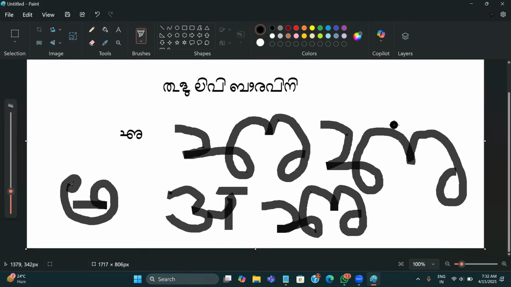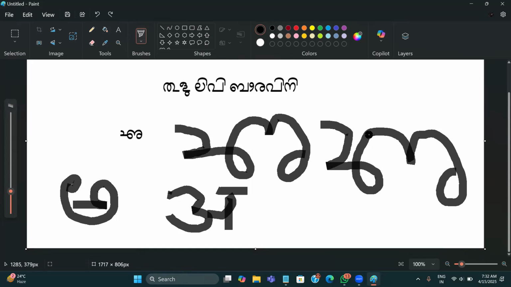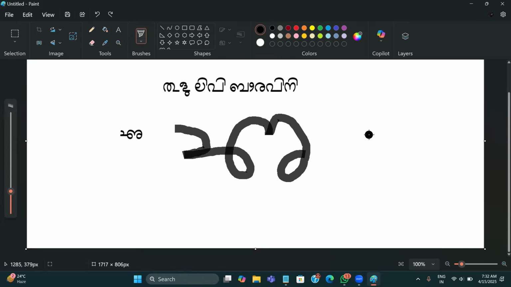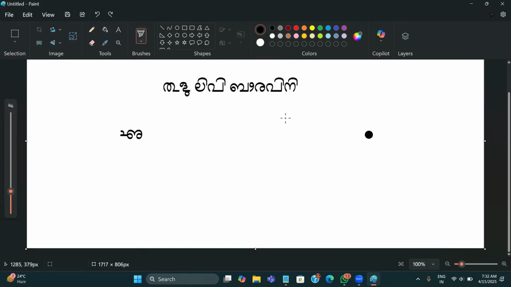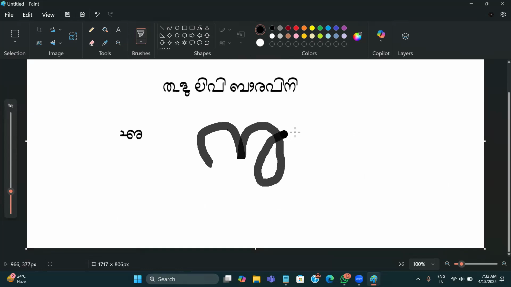And there are different types of ways to write A. I will show you those things also. In the traditional way, in traditional manuscripts there are these letters also. This is also A, and A can be written like this also.